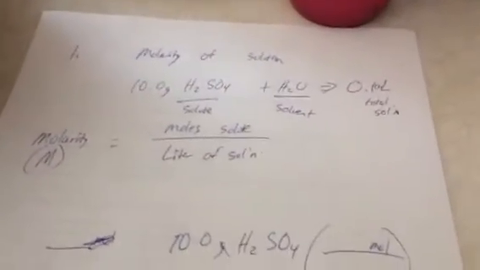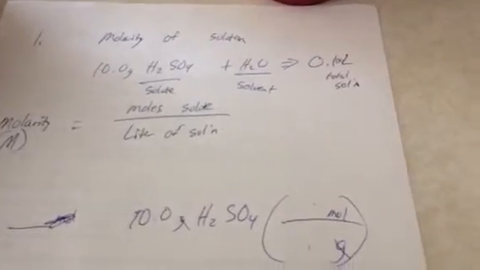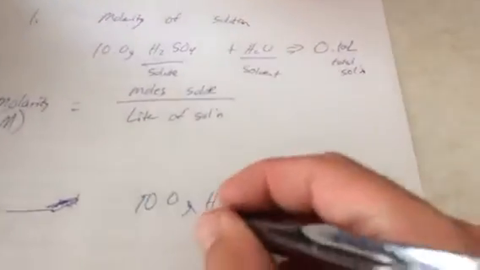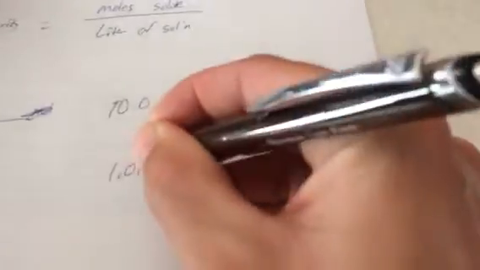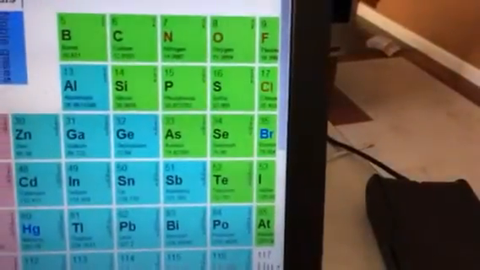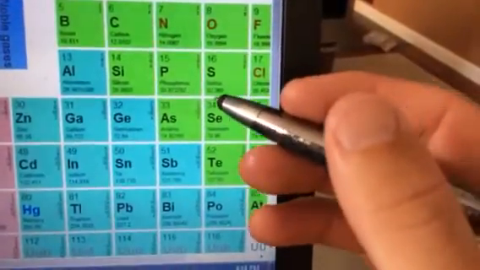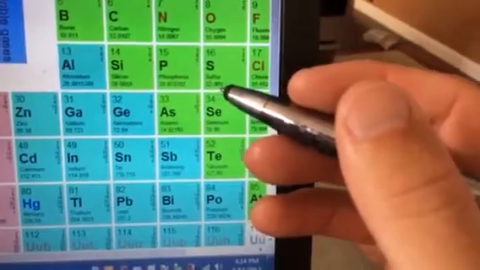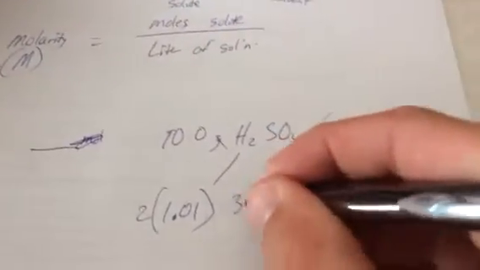Since we don't have a whole lot of sig figs in here, we can call that 1.01. So 1.01 grams per mole, but we've got 2 of those because there are 2 hydrogens. Sulfur has a molar mass of 32.065, so we can call that 32.07 because I don't want to go too crazy.